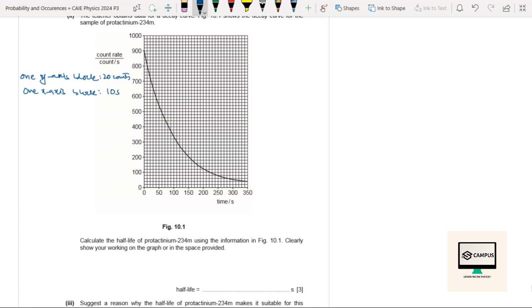Okay, so now we need to calculate the half-life. Half-life is defined as the time when the counts or the individual atoms of the original sample drop to half. So we've been given count rate. It was 900 at time t0. We need to find the time when 900 drops to 450.